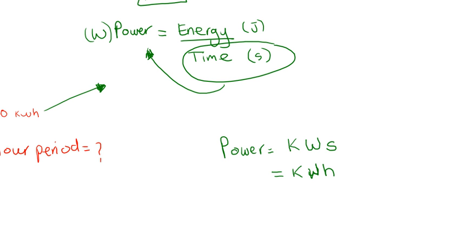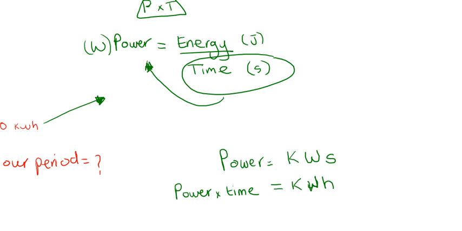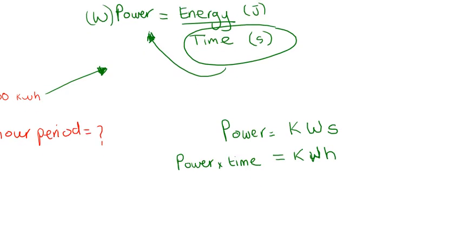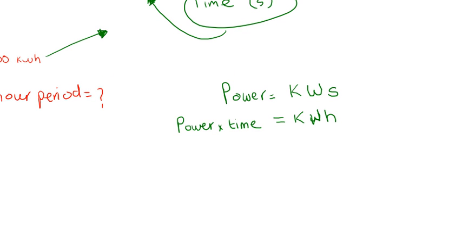What does that represent? Well, clearly that represents power times time. And from this formula, we know that is energy. So power times time is energy, which means another way to say energy is kilowatt hours.